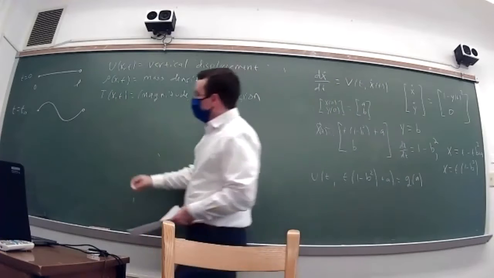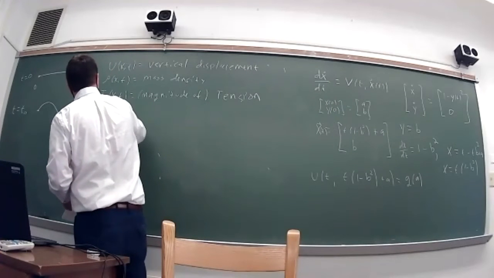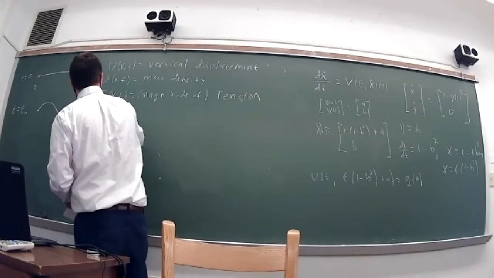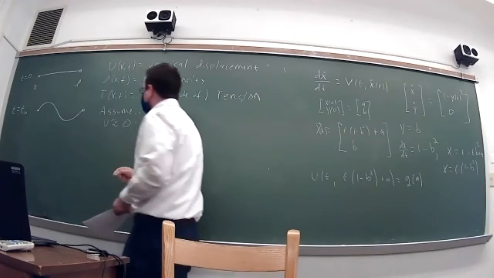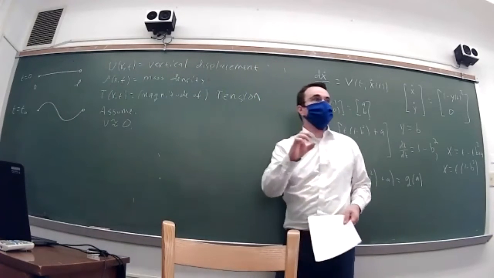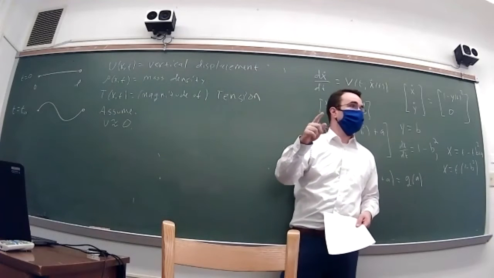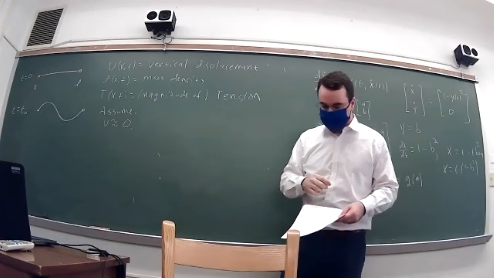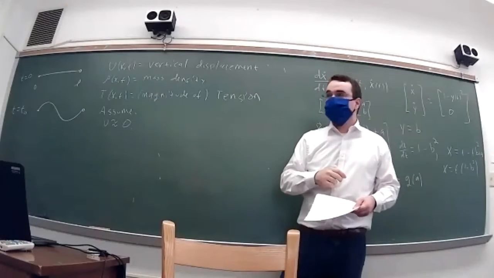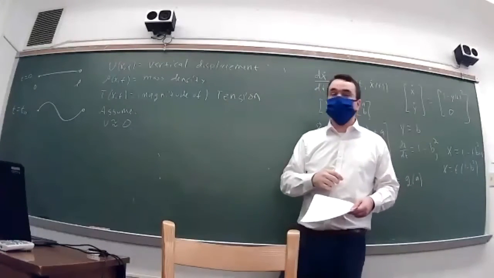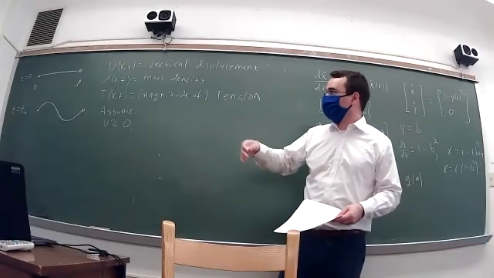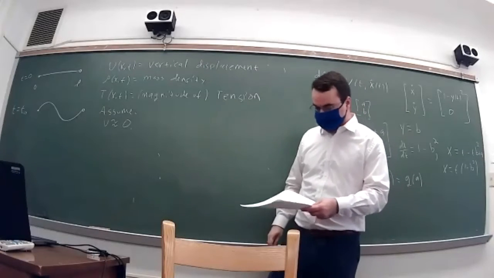And assumptions. First, that the displacement is small. So think of plucking a violin string or a guitar string, you're not moving very much. That's right. Relative to the length of the string, the displacement is small.